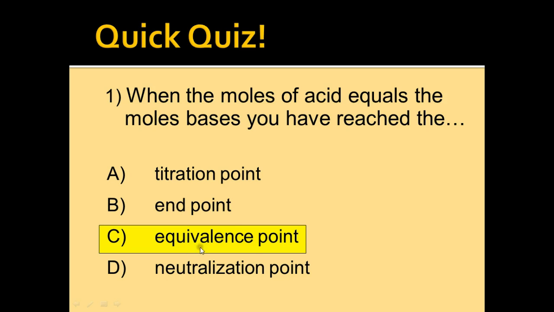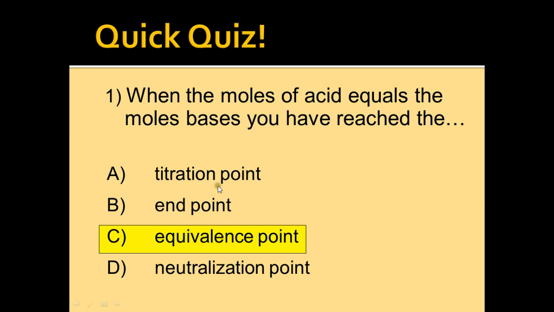So equivalence point is when the moles of acid and base are equal. So we have OH minus and H plus are equal, so they're neutral. And endpoint, remember, is when the indicator permanently changes color. So that is endpoint.